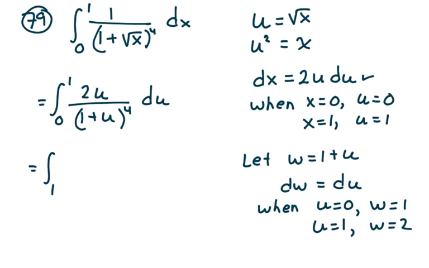So this is the integral from 1 to 2. I'm going to pull the 2 out in front. Now remember, if w is 1 plus u, u is w minus 1. Just subtract 1 on both sides. So I'm going to get a w minus 1 from the numerator, and I'm going to get a w to the 4th for the denominator. And now what you want to do is you want to split off that fraction.